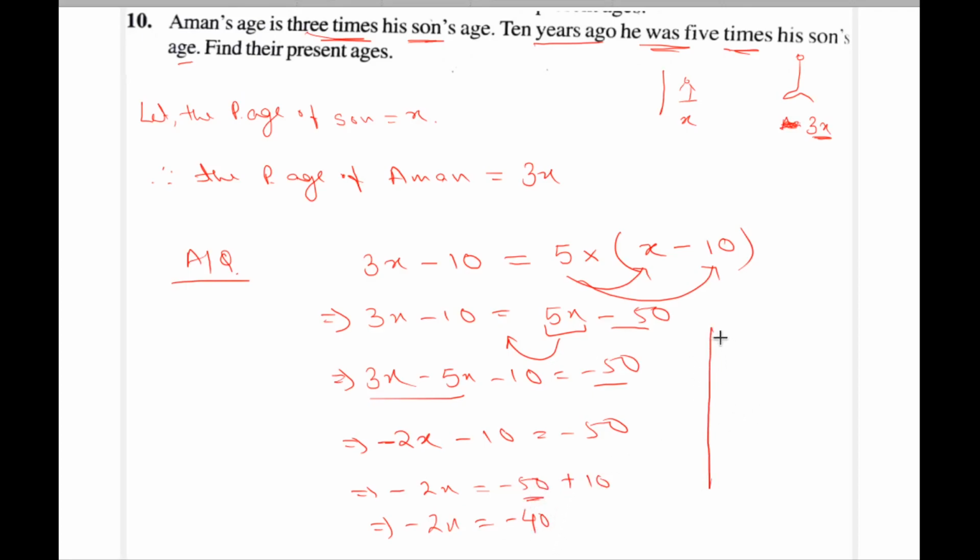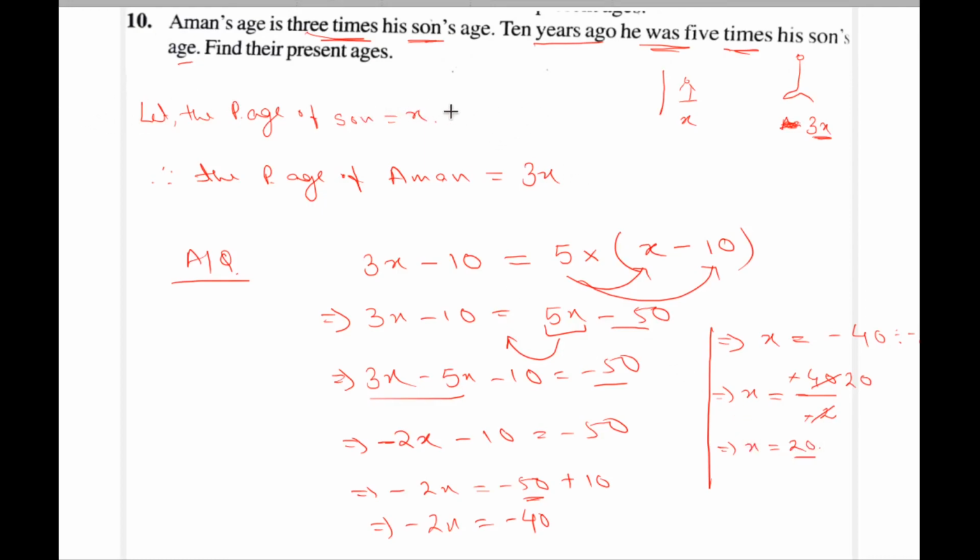So, this implies we can write x equals minus 40 divided by minus 2. This way also we can write, so minus cancels out and it is 20. That means x equals 20. Okay. Find their present ages.